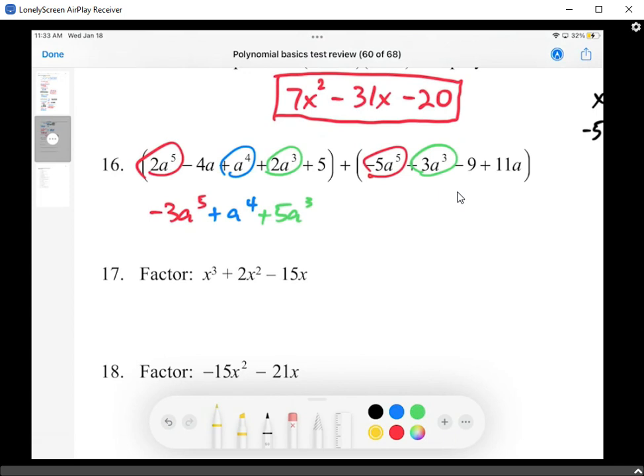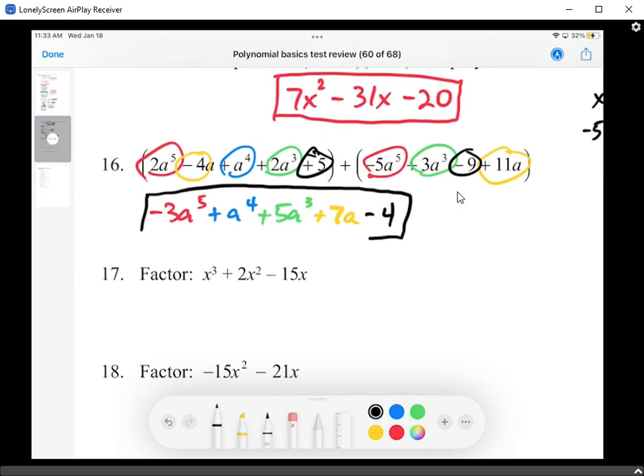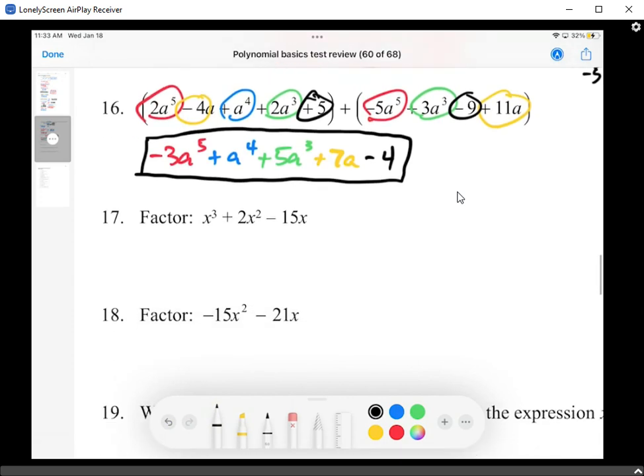I look next at my single a's. Minus 4 plus 11 would give me plus 7a. And then constants, just at the very end, plus 5 and minus 9 gives me minus 4, and that's my answer, everything put together. Makes a nice little list of colors going off right there, isn't it?